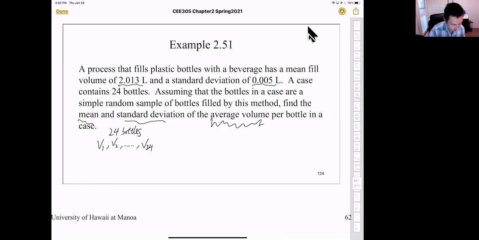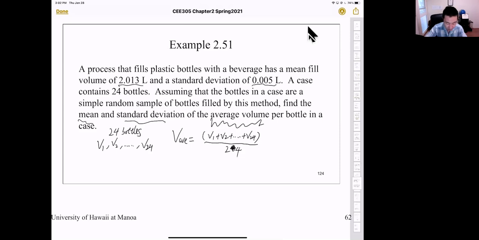So the average volume, V average, is equal to V1 plus V2 plus up to V24, divided by 24, right? So that's the average volume.